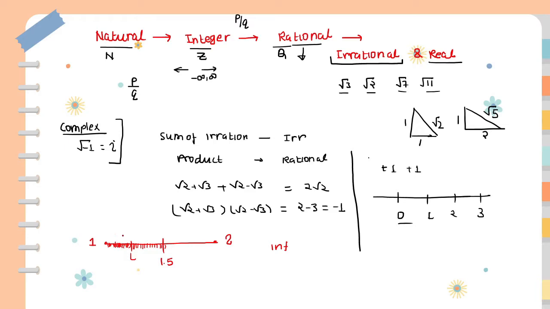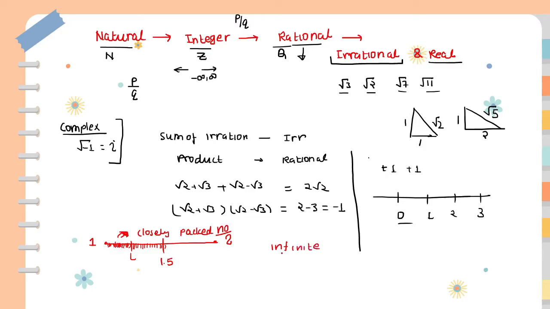What will we say here, that is very closely packed. Very closely packed numbers. So there are infinite rational numbers between any two rational numbers.